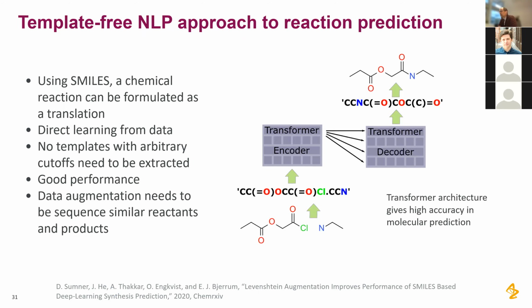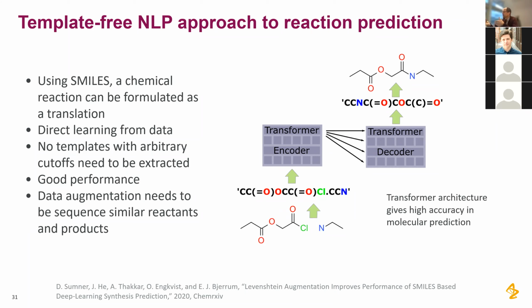Another interesting technology that is appearing now in retrosynthetic prediction and synthesis prediction is what we call template-free approaches, where we use deep learning. So we simply read in the entire SMILES strings into a transformer neural network and ask it to, so to speak, translate from the input SMILES, that could be the reactants, to the output SMILES, that is the product.